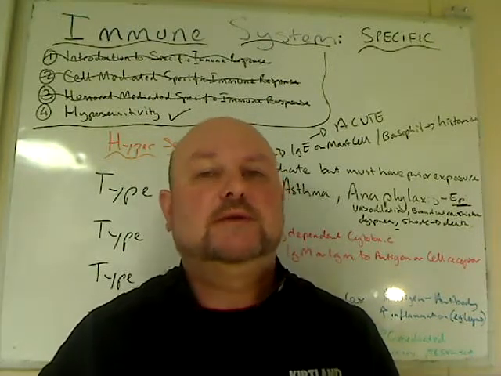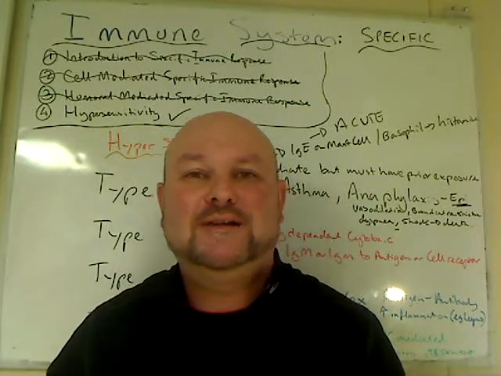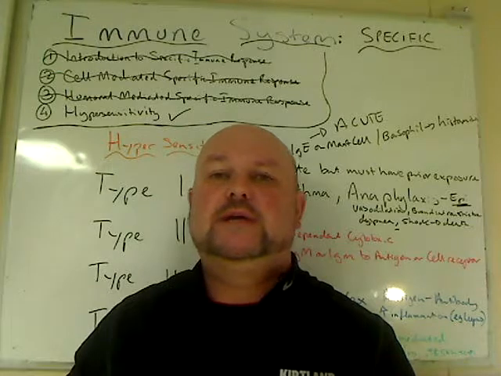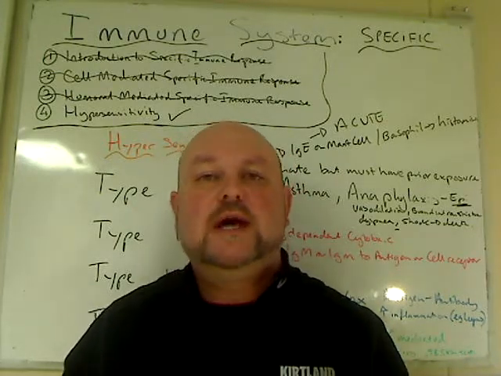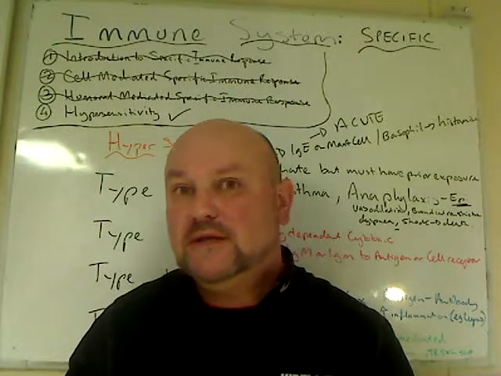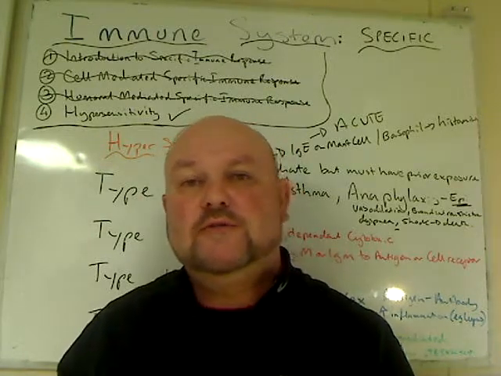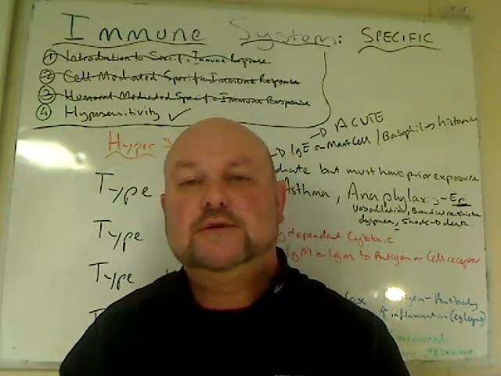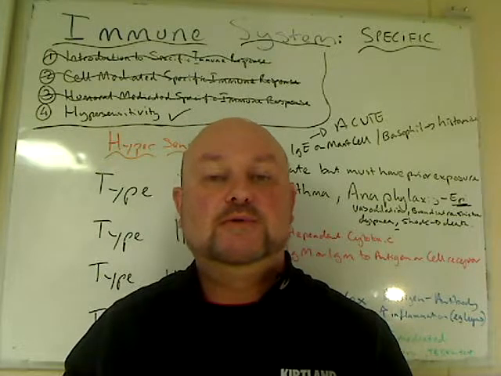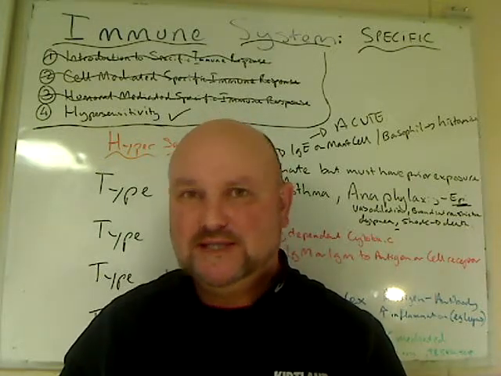Most of us, when we think about hypersensitivity reactions in our immune system, we think about allergy and allergic reactions such as a snuffly nose, lots of mucus, lots of eye watering, things like that. Or we may think of asthma, which is a constriction of the bronchioles, making a wheezing sound, difficult to get breath. Both of these are part of hypersensitivity, but they're part of only one type.